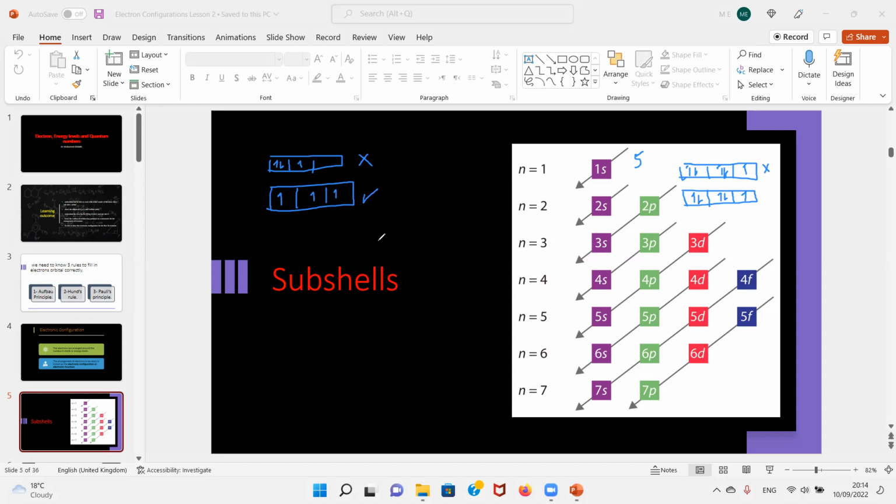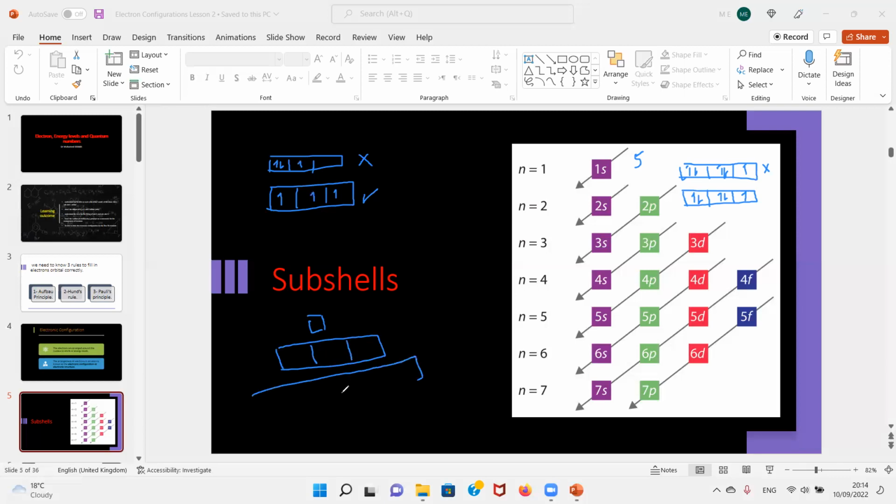Now, just a quick reminder also, we said that these subshells, S, P, D, and F, can be represented using so-called electron in boxes. So the S is always represented as one box and can take a maximum of 2. And then the P is represented by 3 boxes, and each box can take a maximum of 2.